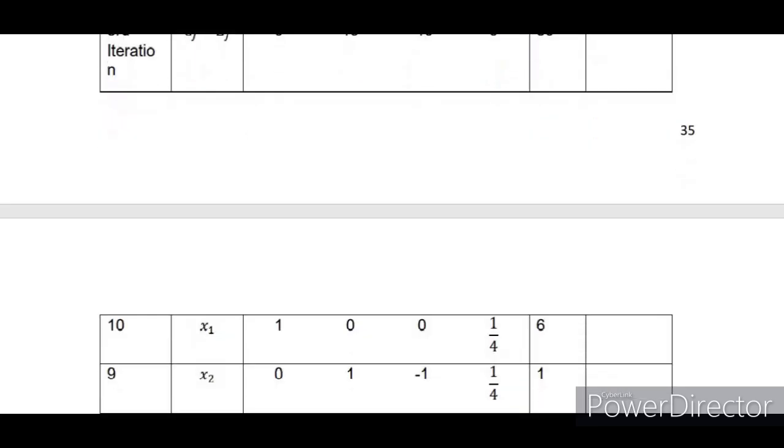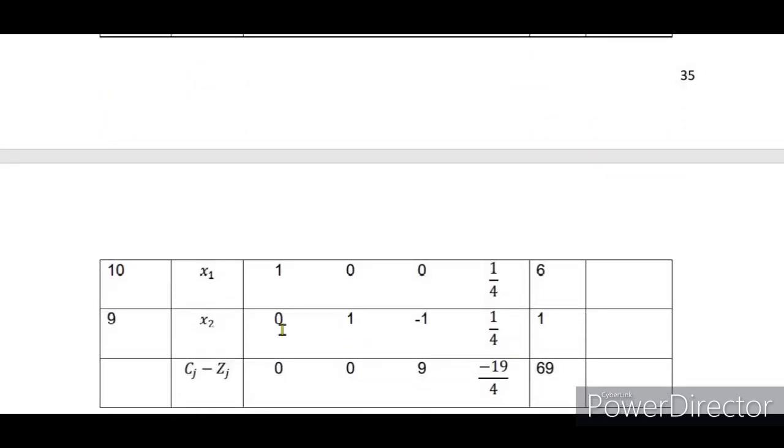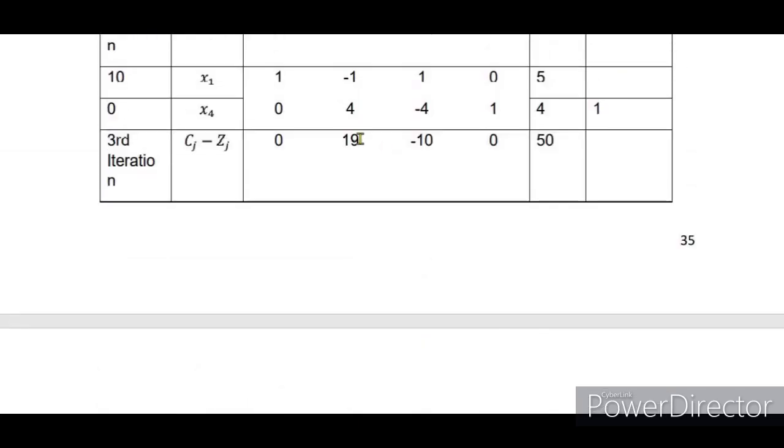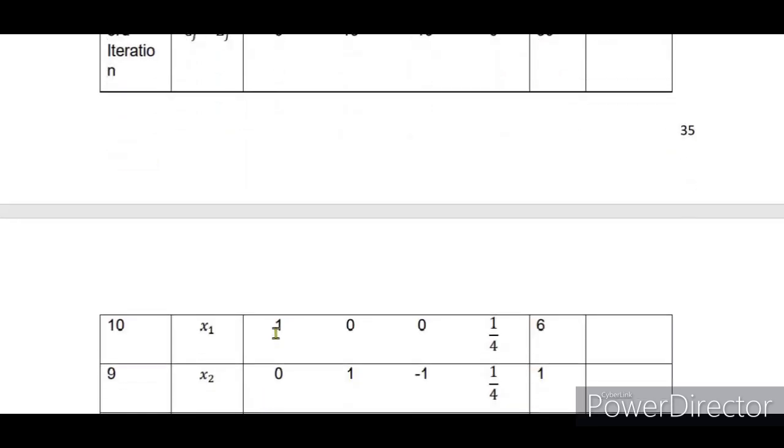So when we multiply negative 1 with the values of the x sub 2 row here, negative 1 times 0 is 0. The previous value is 1, so 1 minus 0 is equal to 1. Next, negative 1 times positive 1 is negative 1.